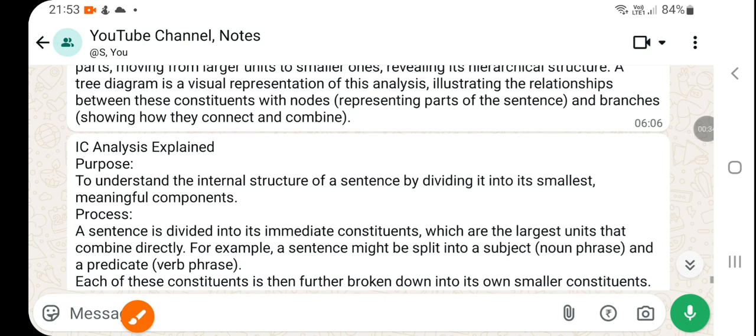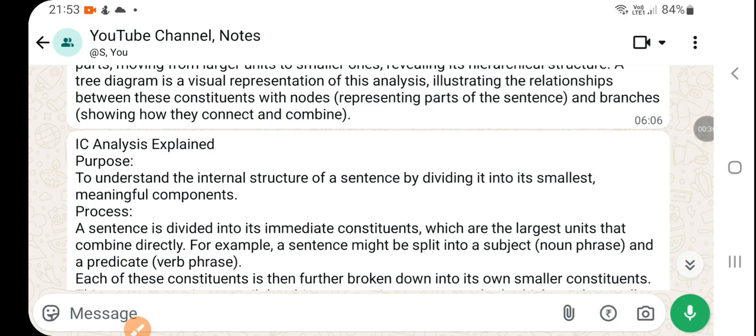Now, a tree diagram is a visual representation of this analysis. So, the analysis is done, but when we do it through a tree diagram, it is visual, right? Illustrating the relationships between these constituents with nodes, right?